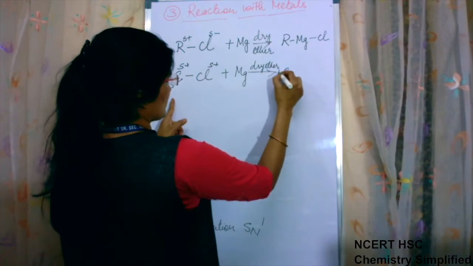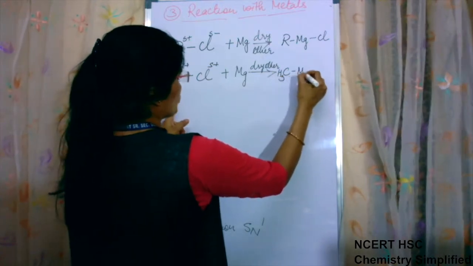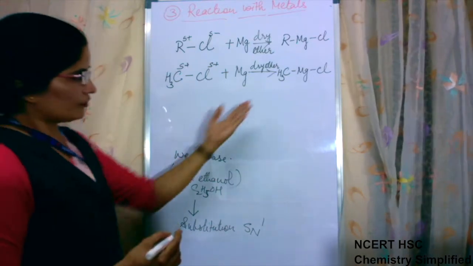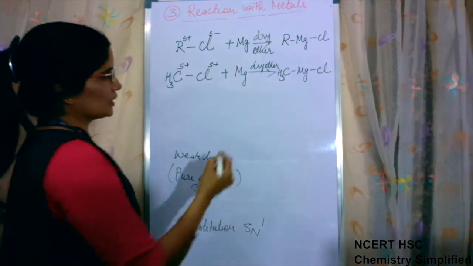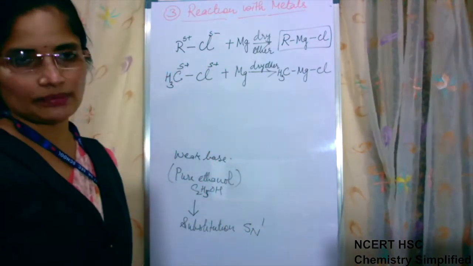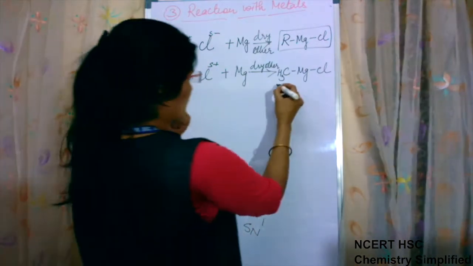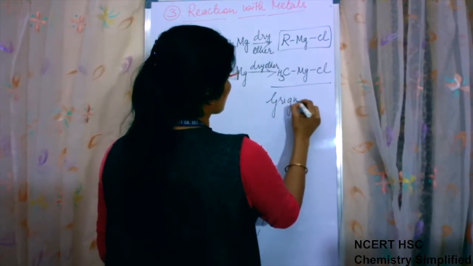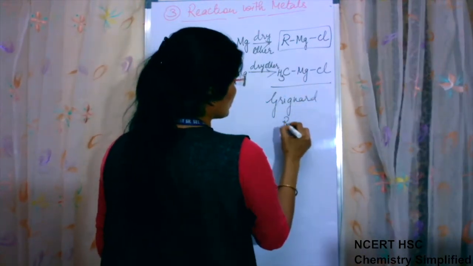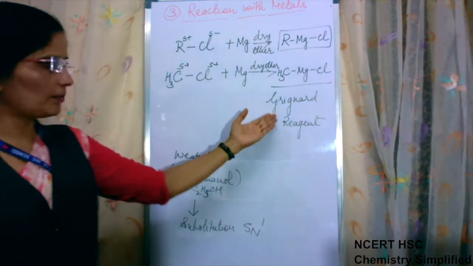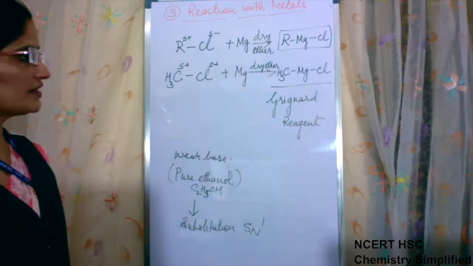It will be CH3MgCl. Now after the formation of this product, this is very important product. These are known as Grignard reagent, and you will see that many reactions are completed with the help of these Grignard reagents.